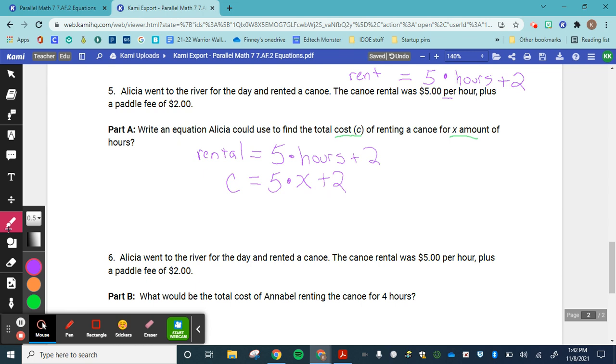But as you know, we usually don't show the multiplication between the coefficient and the variable. So we'll rewrite that as C equals 5X plus 2. And that is our equation that represents this situation of her canoe rental.